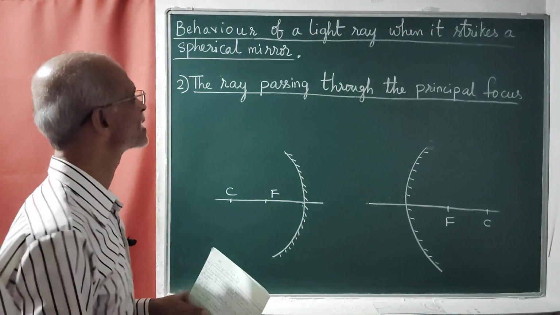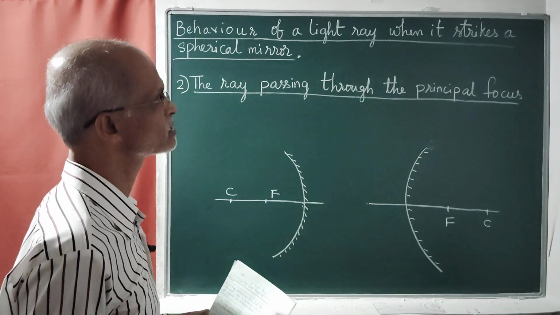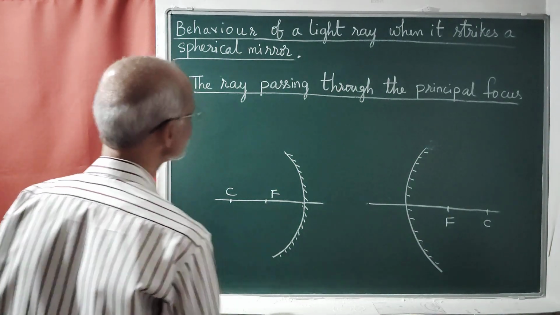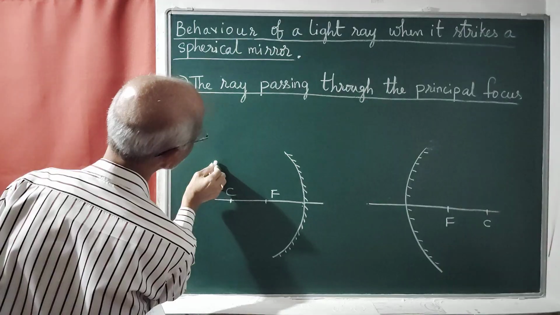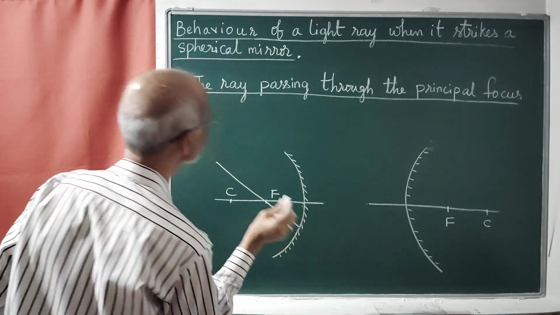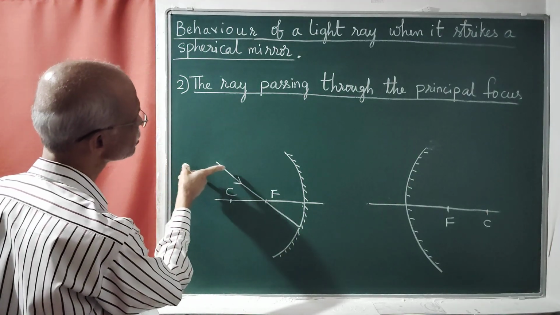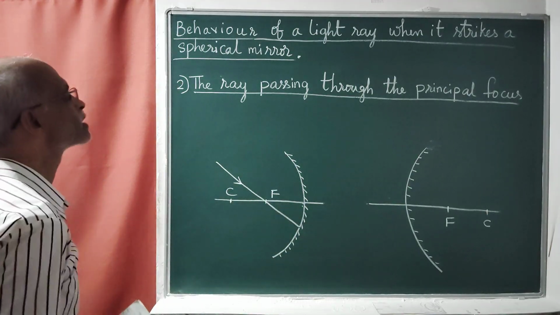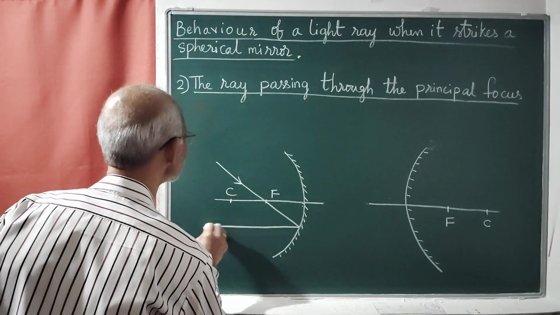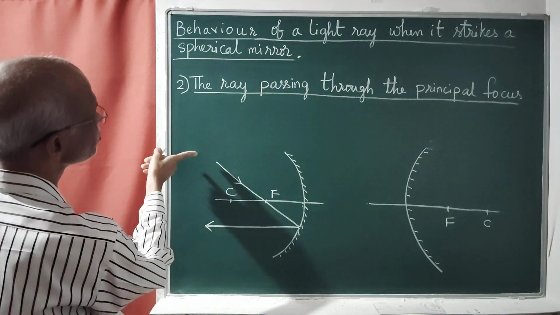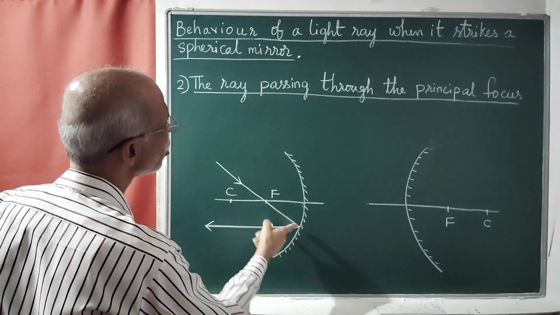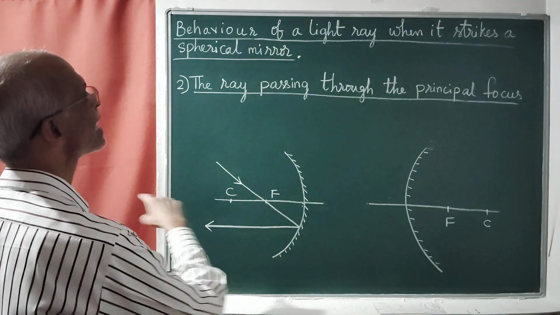Next we'll see the ray passing through the principal focus. How does it behave after reflection? In the case of a concave mirror, the ray is passing through the principal focus and striking the mirror. Then after reflection, it becomes parallel to the principal axis.